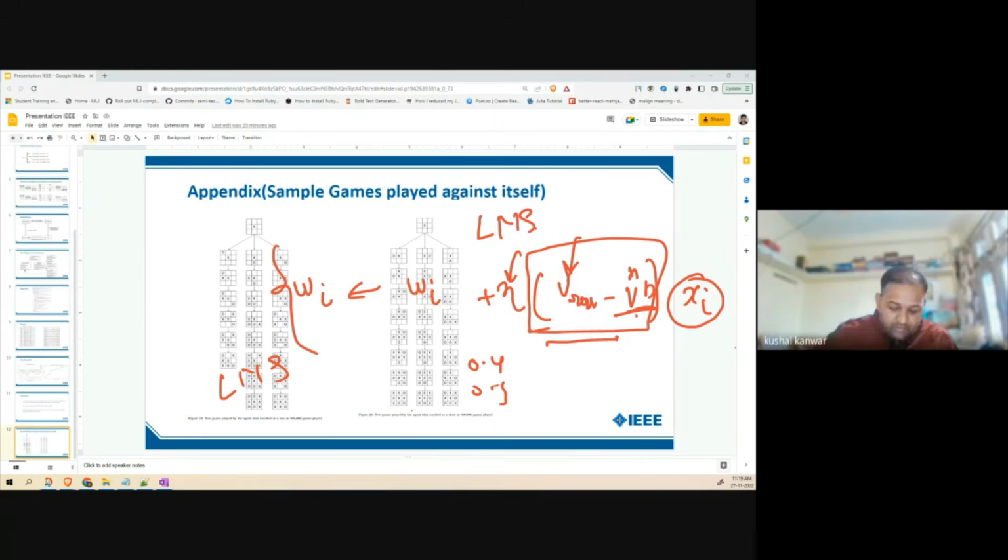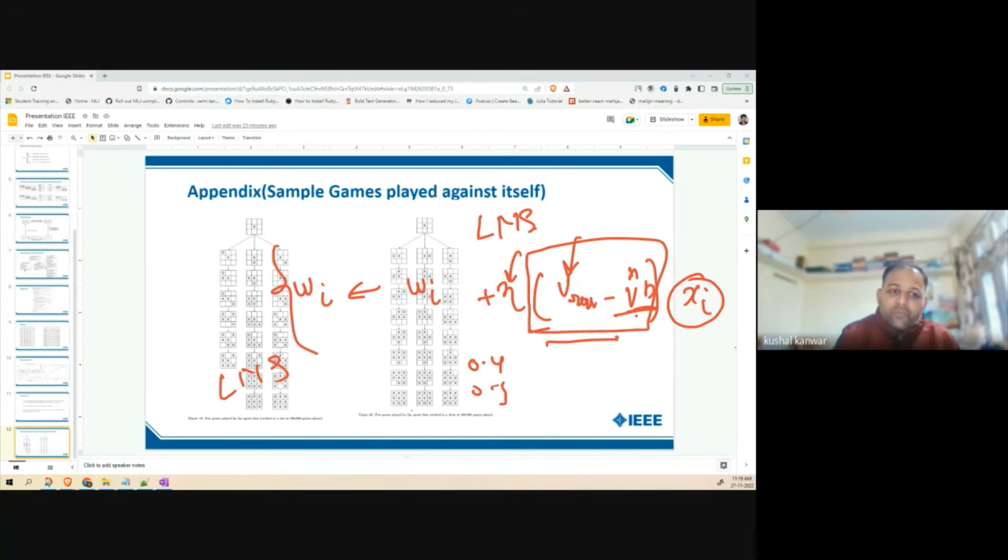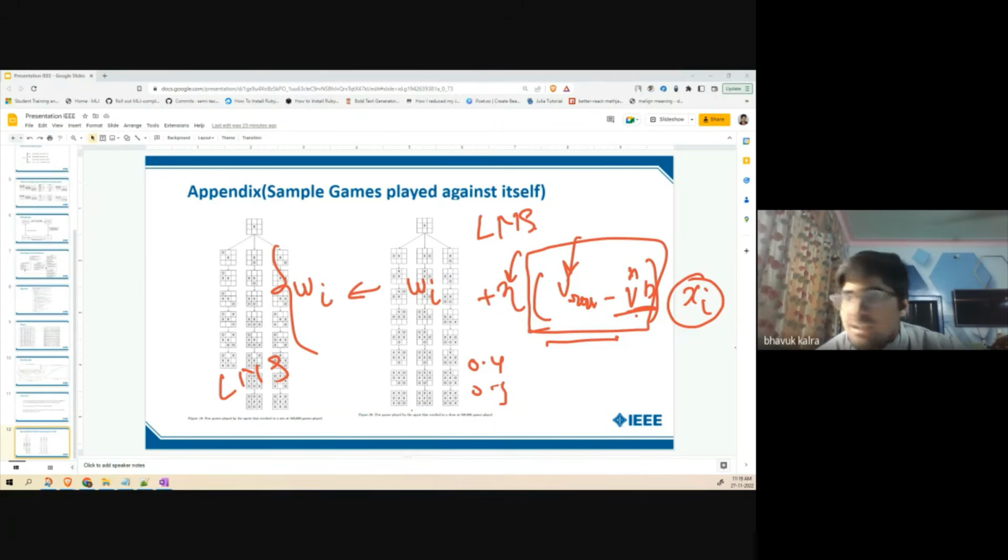Gradient descent. Okay. Which package have you used for the implementation? Have you used Gym? Sir, the whole code was made from scratch only. I haven't used any package for this.